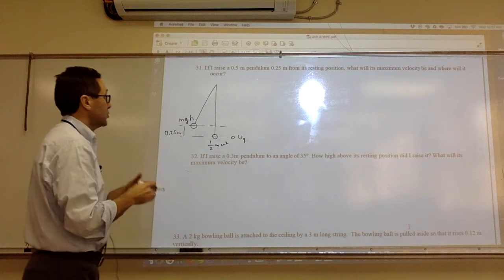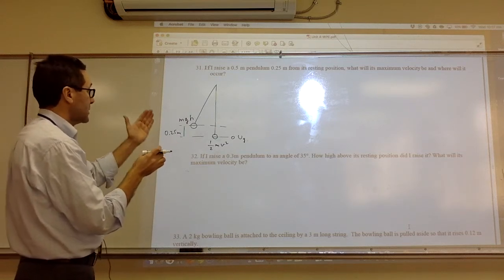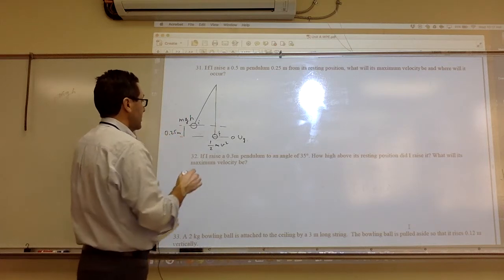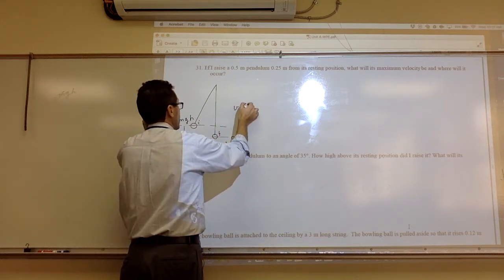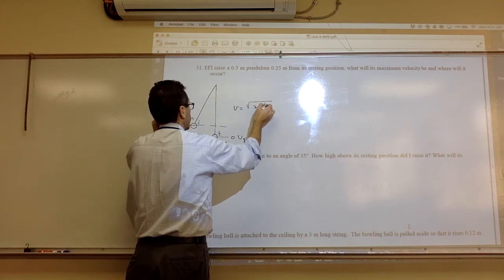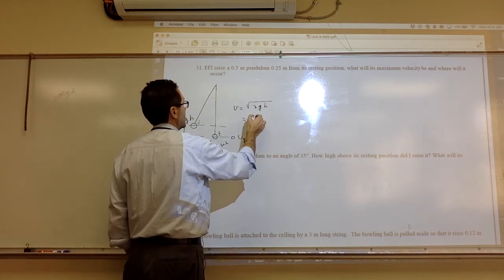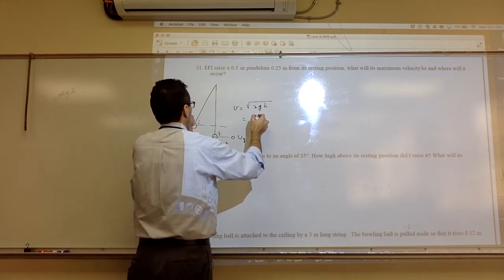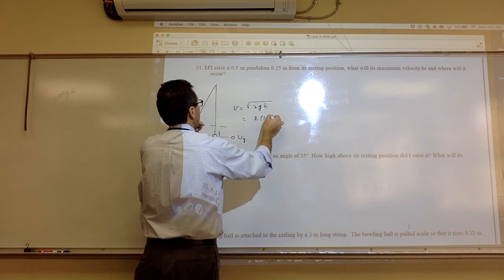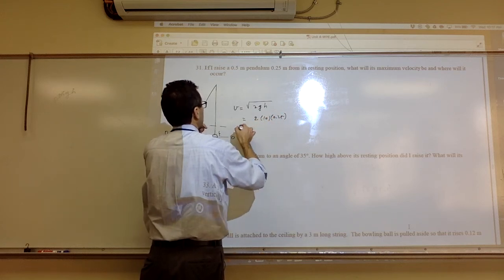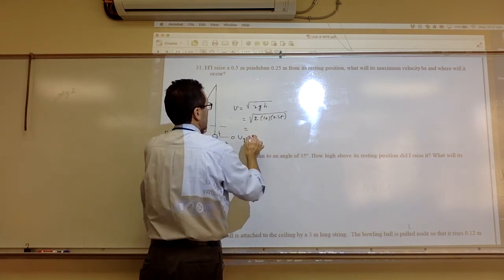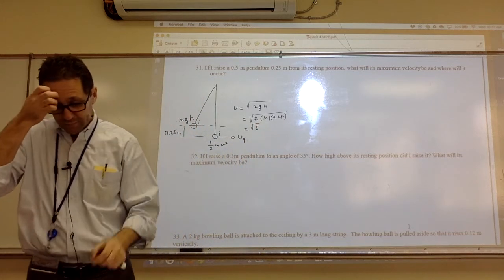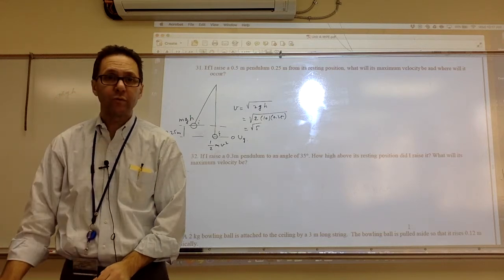And assuming that there is no friction between the initial and the final state, we can set this equal. And if we set them equal, we get v equals radical 2gh, which is 2 times 10 times 0.25. Okay, so this is going to be radical 5, it looks like. That's 2.24.